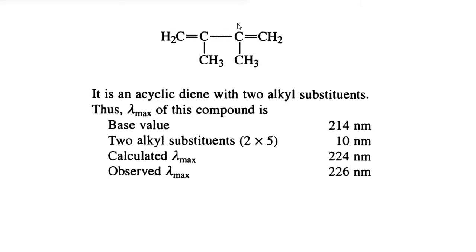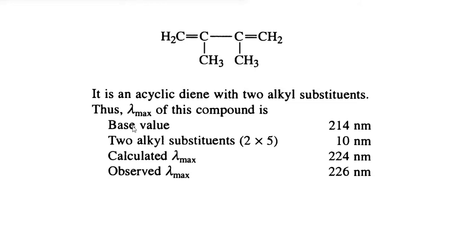For example, this system, 2,3-dimethyl-1,3-butadiene. This is an acyclic diene with 2 alkyl substituents, 2 methyl substituents directly attached to our system.